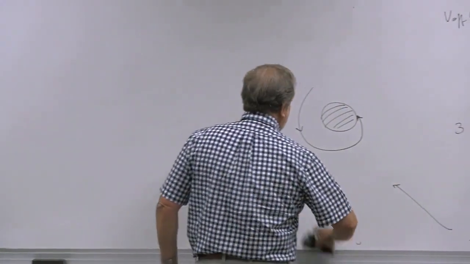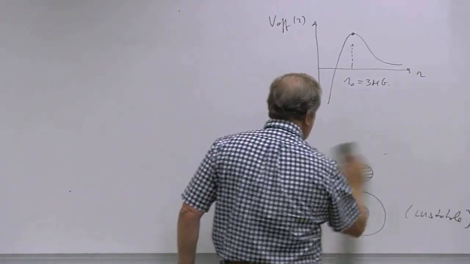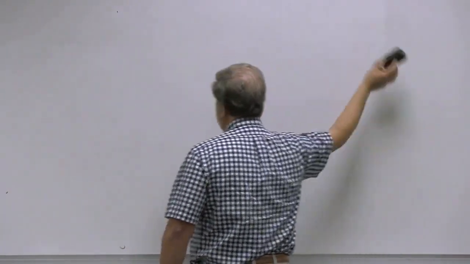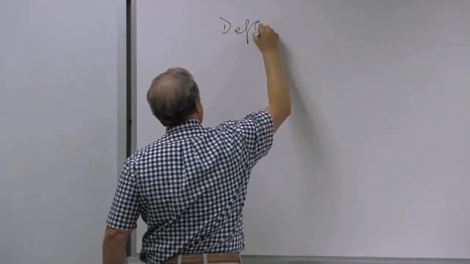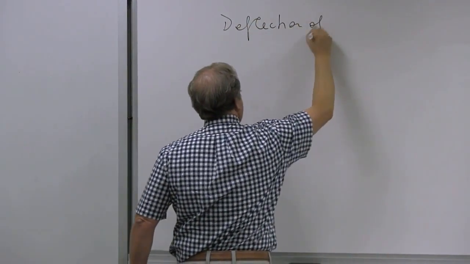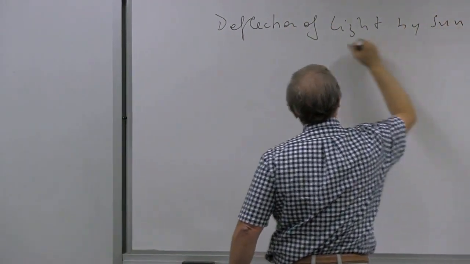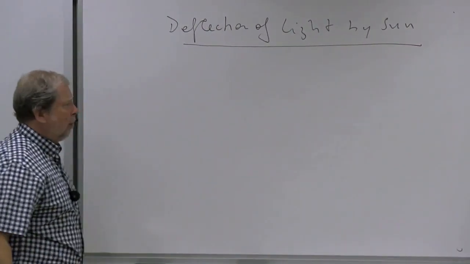So now the next thing is to look at the deflection of light by the sun and see what one gets from the same type of equation, the equation that we already have over on that side. Deflection of light by the sun was another major prediction by Einstein's theory.